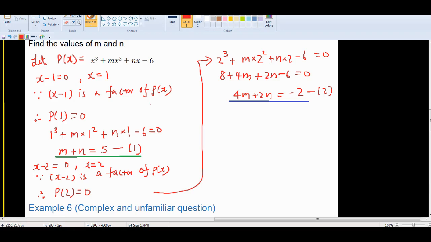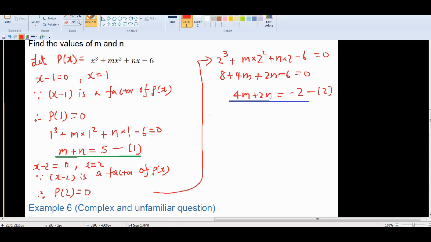If you still remember, we are going to multiply a number on 1 or 2, so that the coefficient of one equation will be equal to the negative of the other. You might see that's a 4, but that's 1 in front of m for equation number 1.